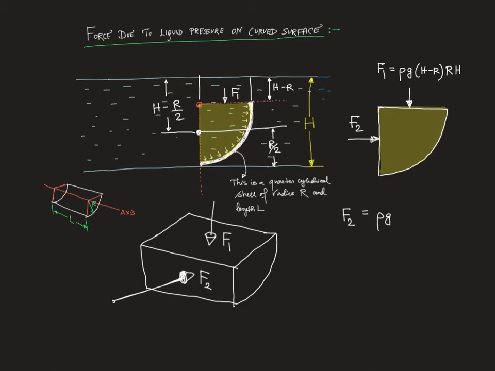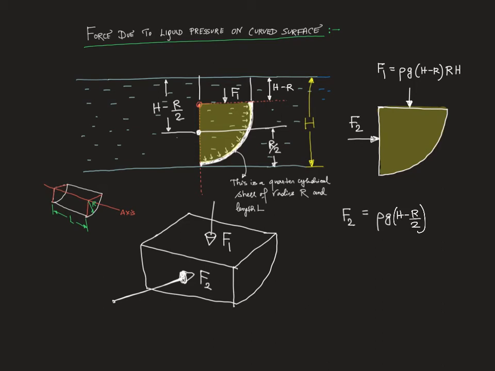That is why the centroid of this rectangular surface is the midpoint. Okay, so rho G into H minus R by 2, that is pressure at centroid, multiplied by the area itself.